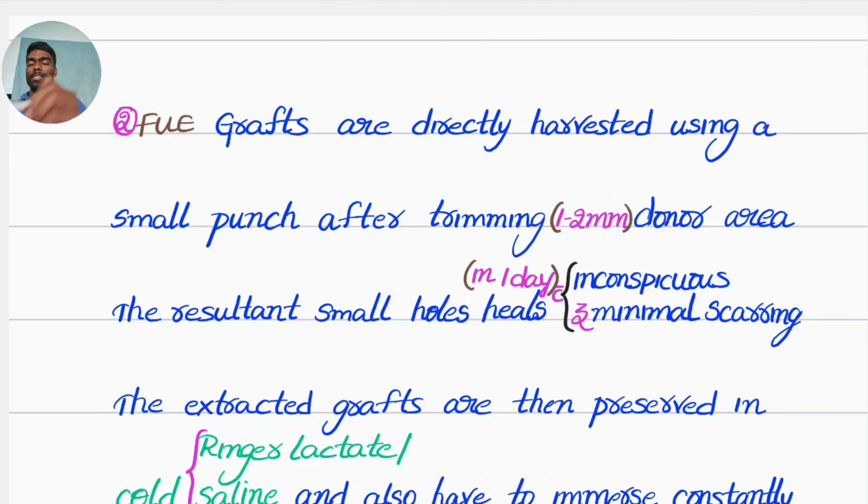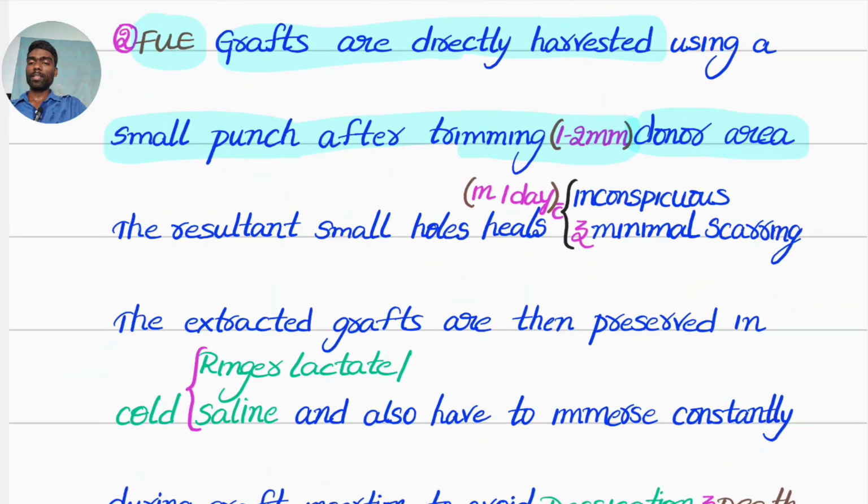Coming to the next method of harvesting, follicular unit excision. Here we can directly harvest grafts using a small punch after trimming hair very short, up to 1 to 2 mm, compared with 0.5 to 1 centimeter for follicular unit transplantation. The resultant small holes heal within a day with inconspicuous or minimal scarring.